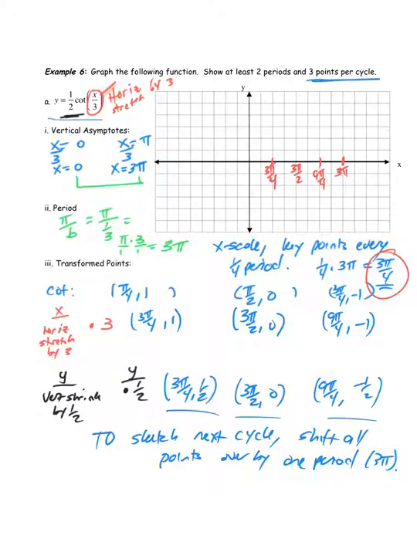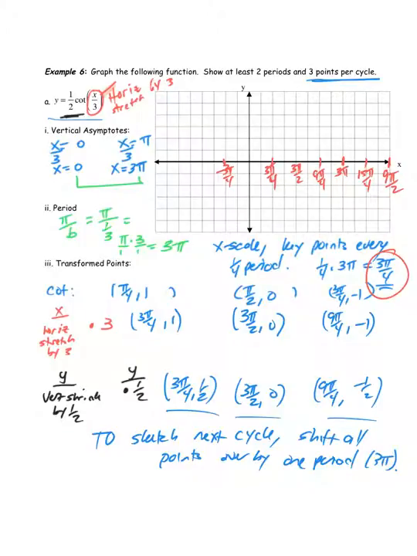I'm going to add another 3 pi over 4, so I was at 12 pi over 4, and then I'm going to be at 15 pi over 4, and another 3 pi over 4 is going to be 18 pi over 4, which I'm going to simplify to 9 pi over 2, and then I'll put the same values in the negative direction.